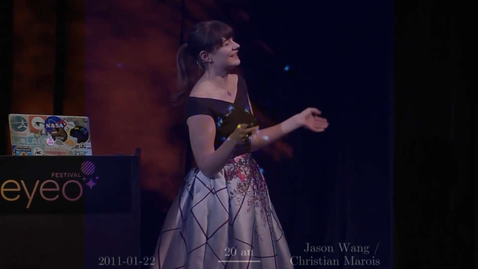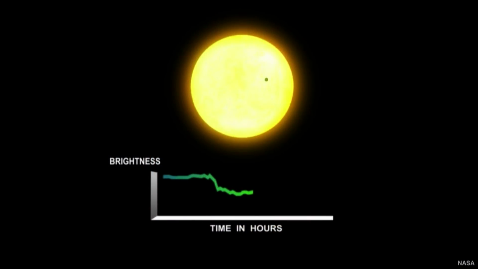And it's, I don't know, it's just amazing to me. And I really love the fact that we've discovered a bunch of exoplanets or extrasolar planets or planets that are around other stars. And the way we've been discovering most of them, though, hasn't been through actually seeing them, but through detecting them. We typically detect them using the transit method.